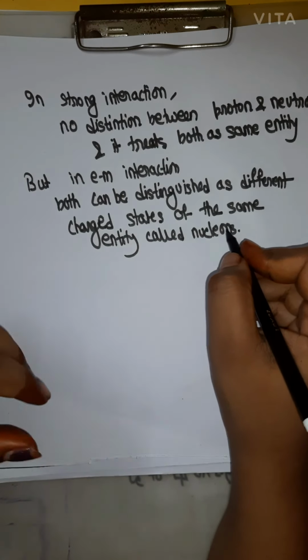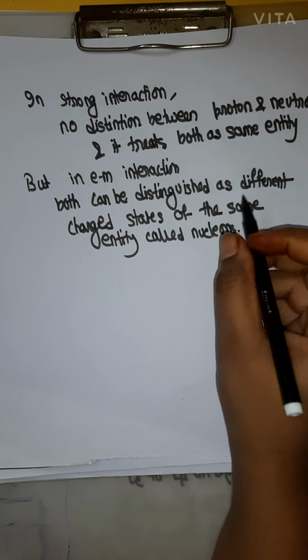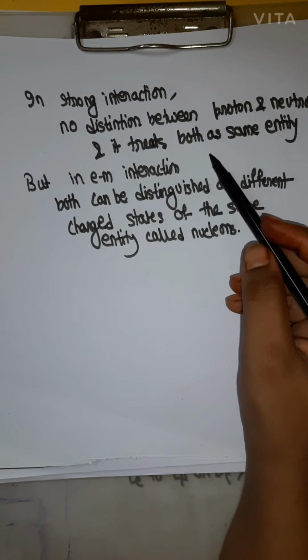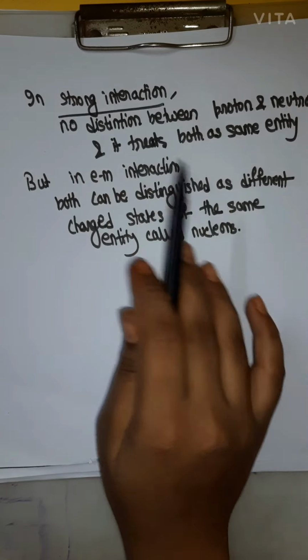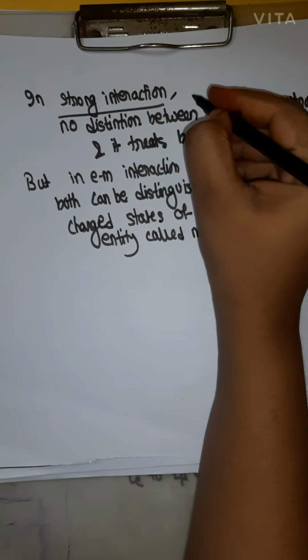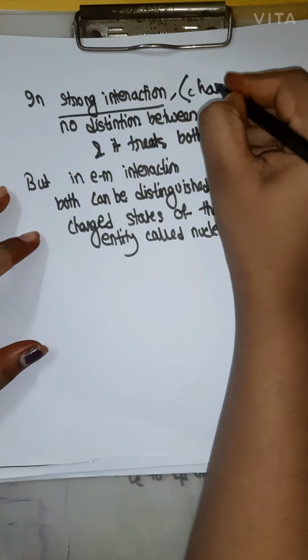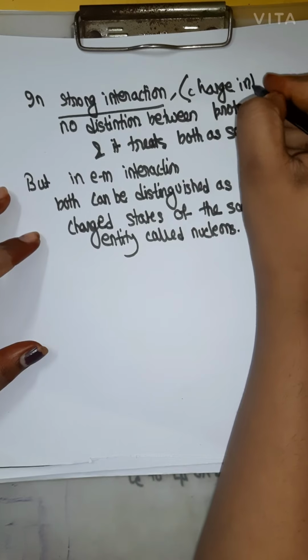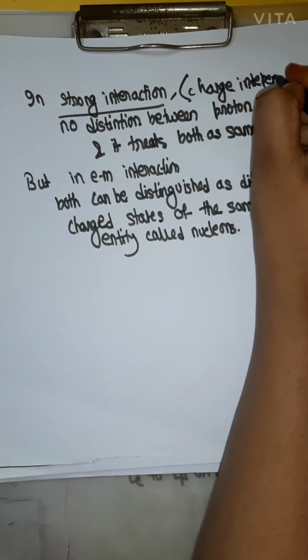So the idea of isospin originated from the fact that nuclear forces, that is strong interaction, are charge independent.